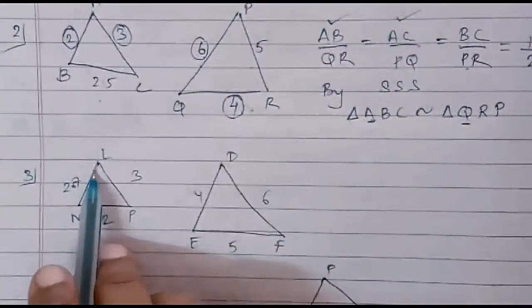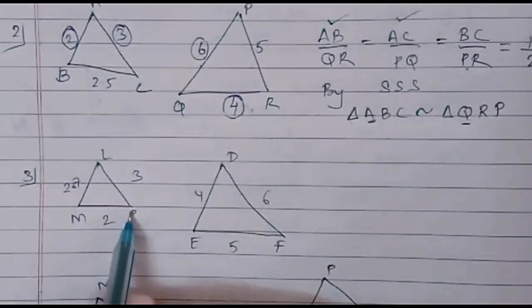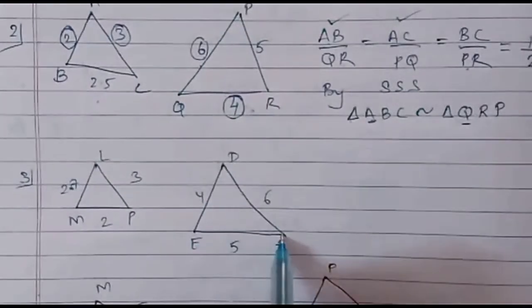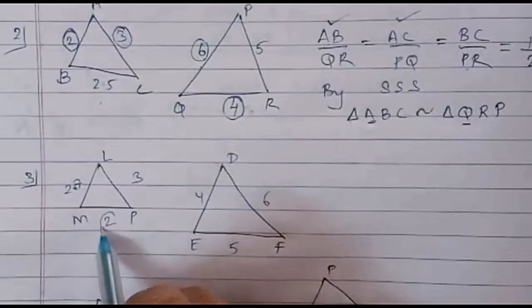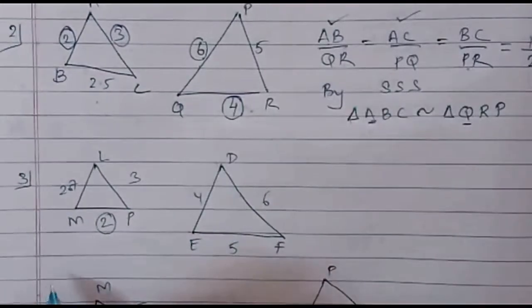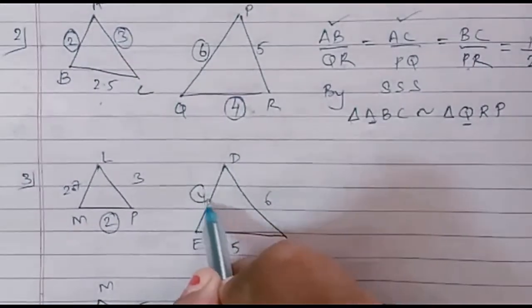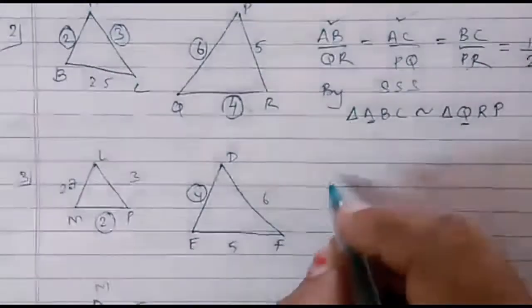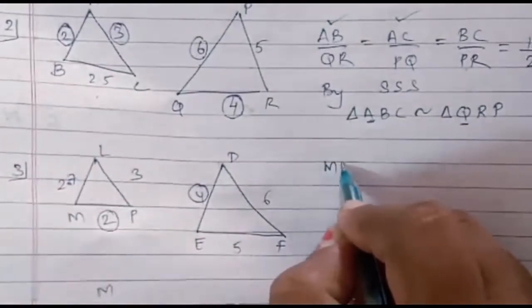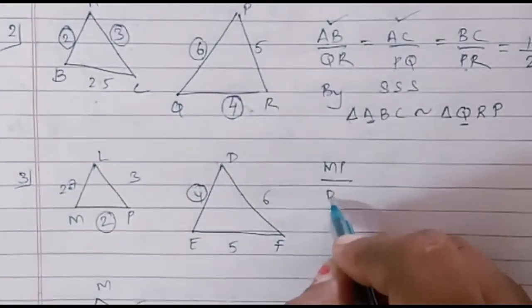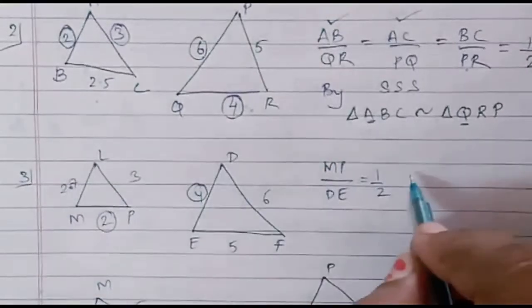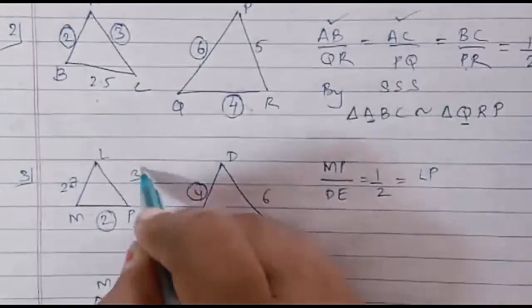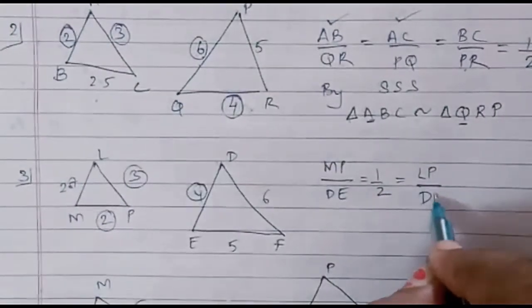Here we have two triangles LMP and triangle DEF. Again let us compare with the smallest one. So here we have MP as 2 and same way DE is 4. So we got MP upon DE will be equal to 1 upon 2. Same way LP, which is 3, is equal to, yes, DF.